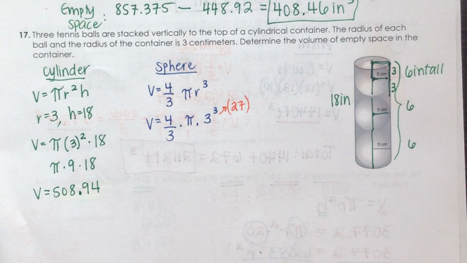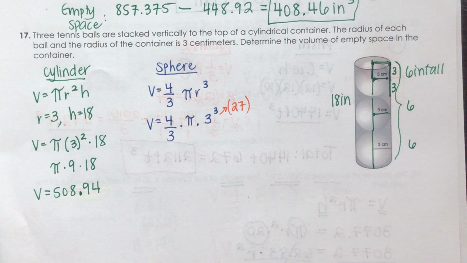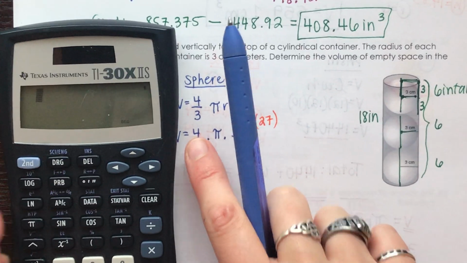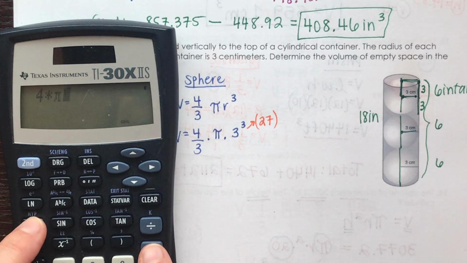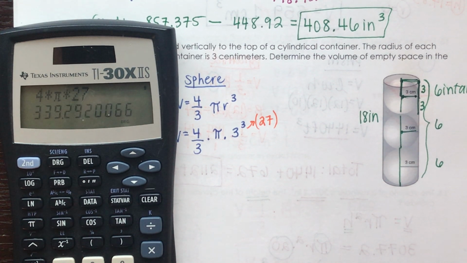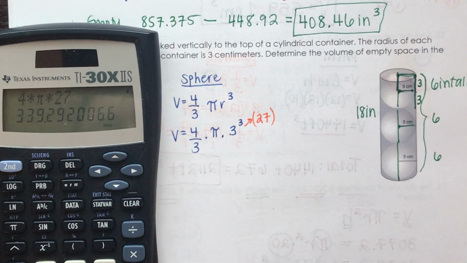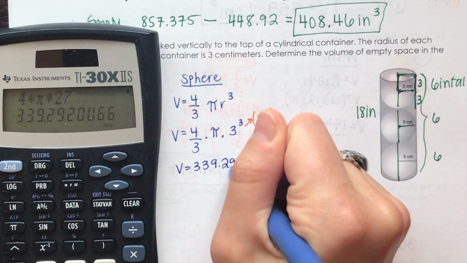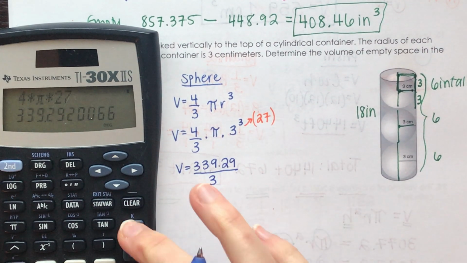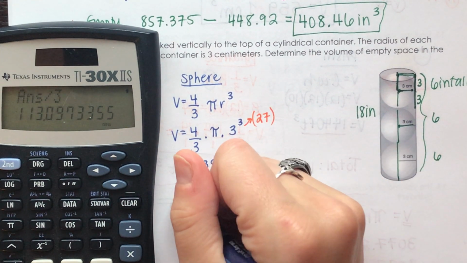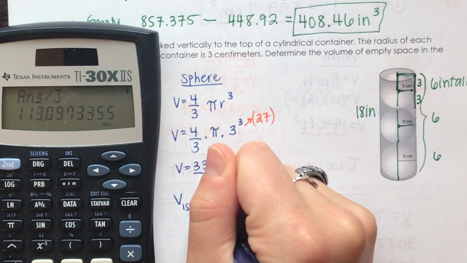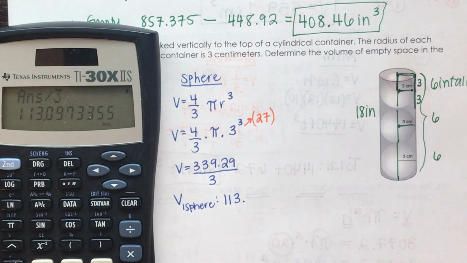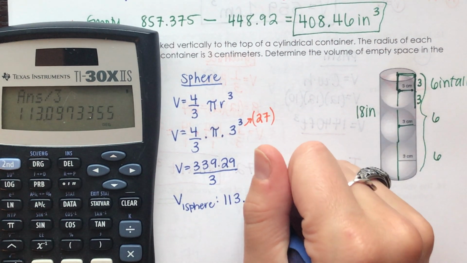So in my calculator, I can really go from front to right: 4 times pi times 27. I get 339.29, and then I'm going to divide that by 3. So the volume of one sphere or one ball is 113.09. We'll round that up to 113.10.